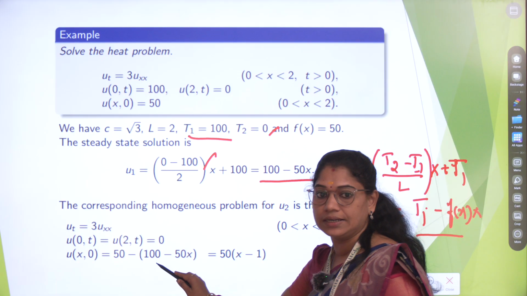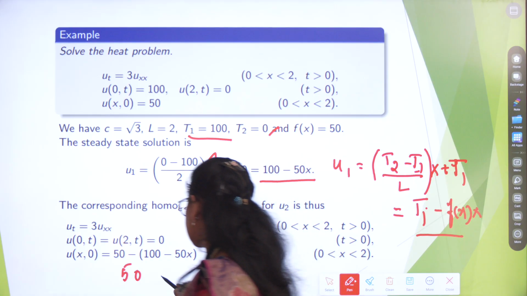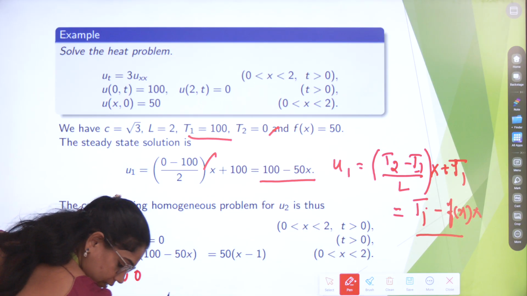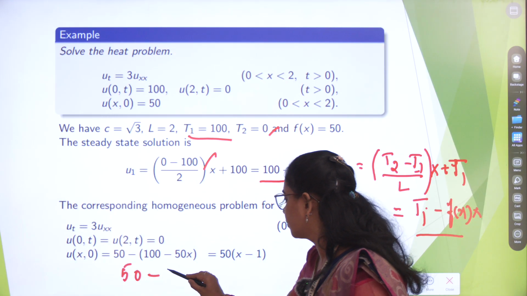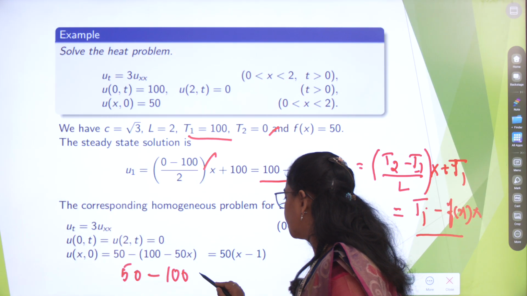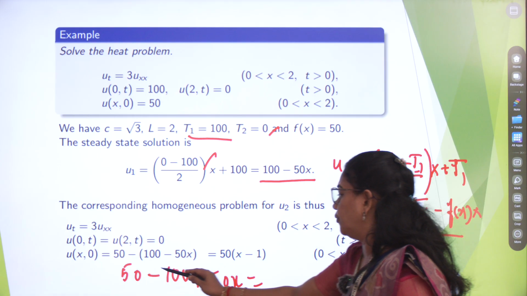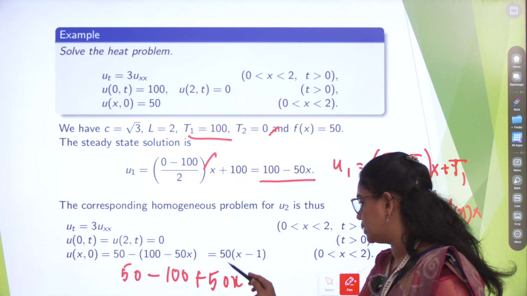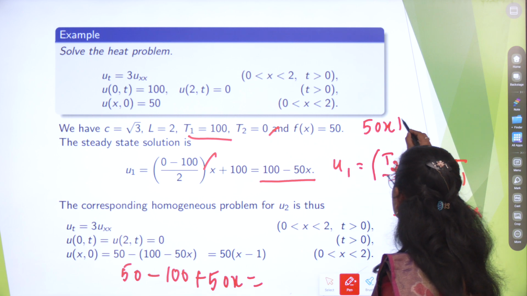So the common term: 50 minus 100 plus 50x equals 50 minus 100 minus 50 plus 50x.